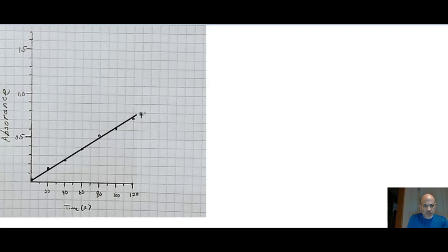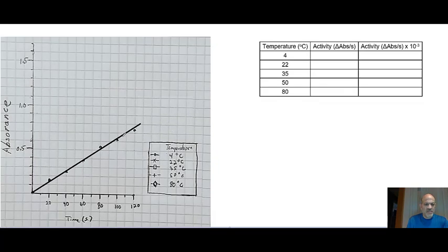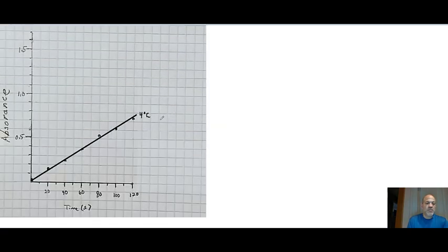So you can come here and label this as 4 degrees Celsius, or, I still only have that same line there, here on the bottom, you give yourself a legend, and I've already picked just a solid dot for 4 degrees Celsius, and pick other symbols for your other ones and have a legend instead of labeling each one.